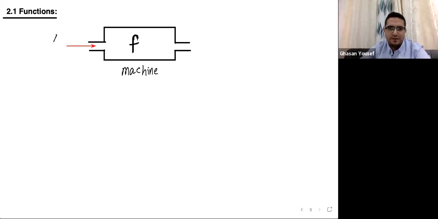This is my input. Put it in the red color, input. And they also give me output, which is f of x. So the input x goes inside the machine, and then they give me output f of x. This is the output.